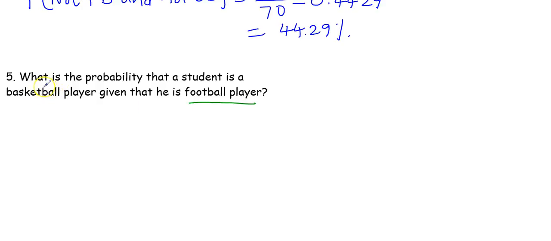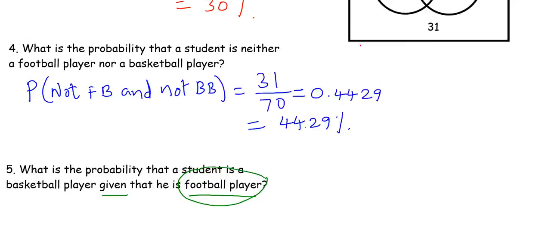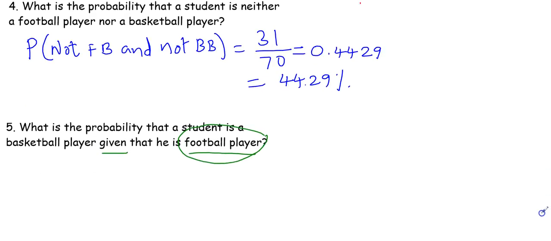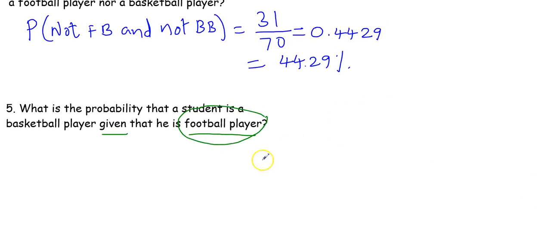So we are looking for the probability of finding a student who is a basketball player, and already it is given that he is a football player. Did you get the point here? That is, we know that he is a football player. So how many football players do we have here? 21 plus 6, that is 27 football players.